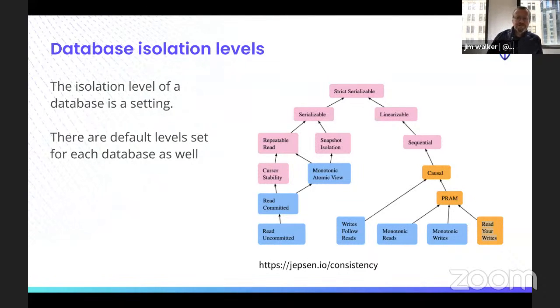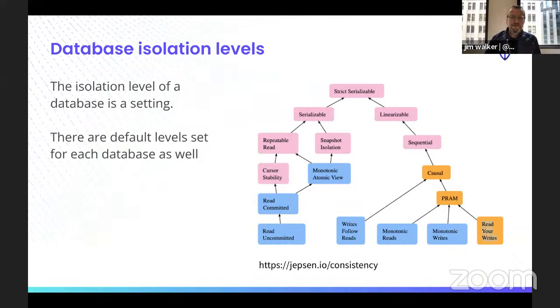If you go to Jepsen.io, Kyle Kingsbury does a great job talking about distributed databases. If you go to the consistency page, he talks about all these consistency models at length, a lot better than I can in the half hour or 40 minutes that we have together today.